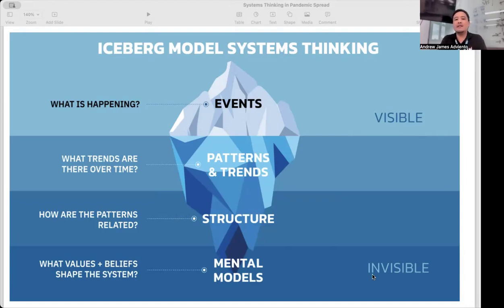And lastly is level four, which is commonly invisible. These are about the values and beliefs that shape the system, which is the deepest part of the iceberg. Mental models are beliefs or ideas people have.